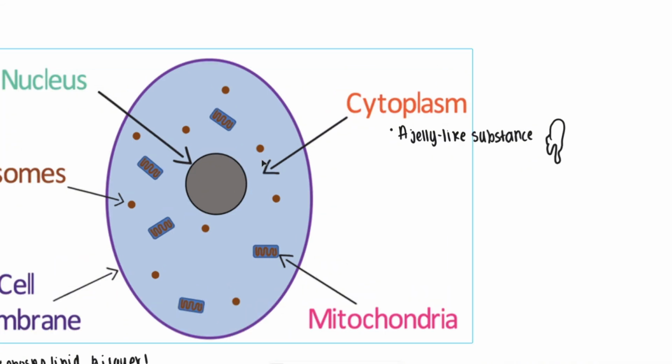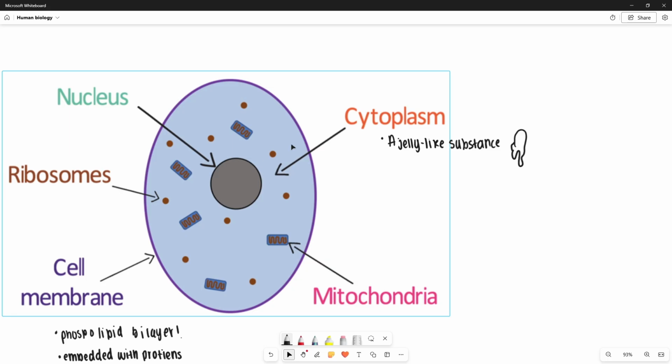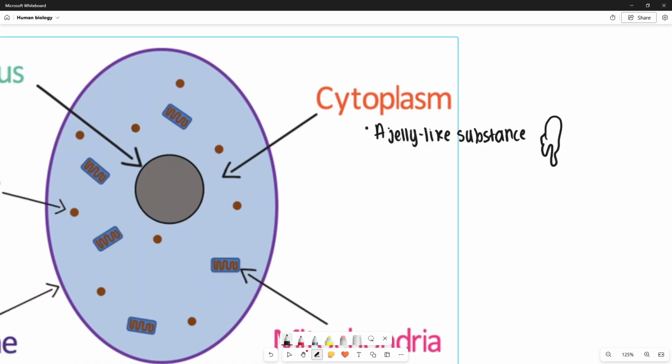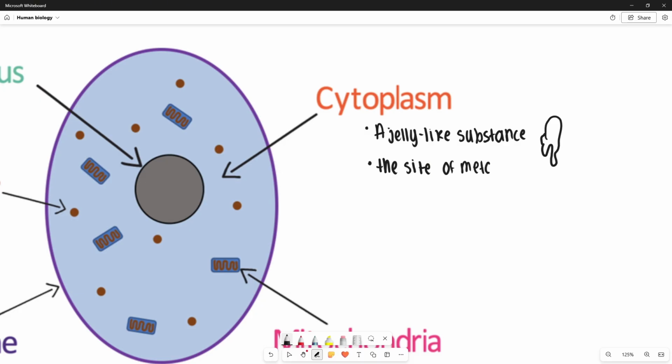I don't know what you were told at GCSE because I have not done my GCSEs in ages, but it's a jelly-like substance that is the site of metabolic reactions within the cell. So let's write that down. The site of metabolic reactions.